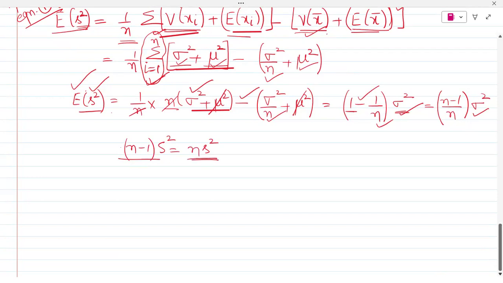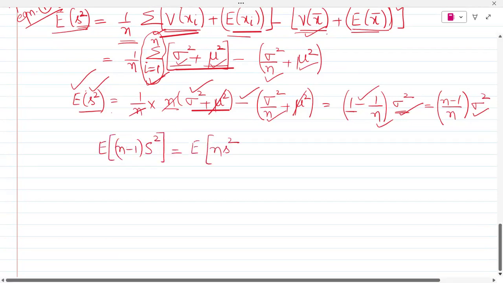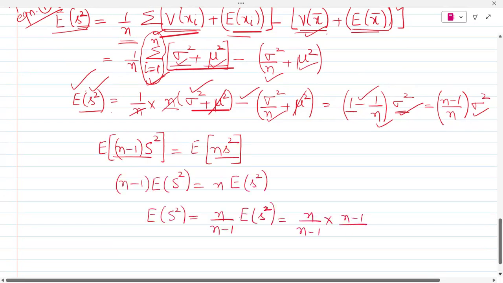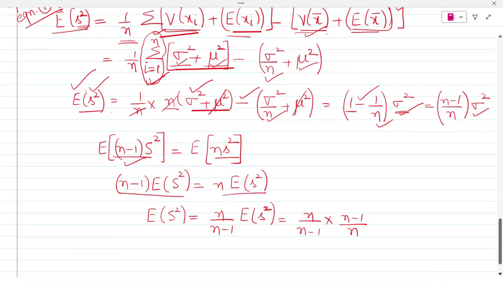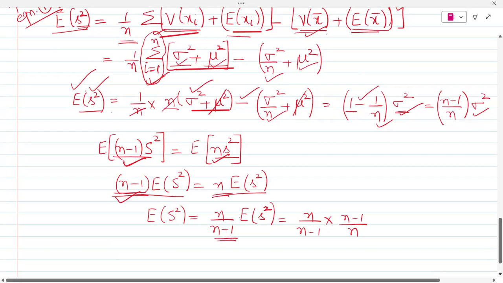Now, taking expectation on both sides. This expression is equal to this, and taking expectation on both sides, once again we are using the linearity of E. One can see n minus 1 and n are outside the expectation. And this term is coming to this side.